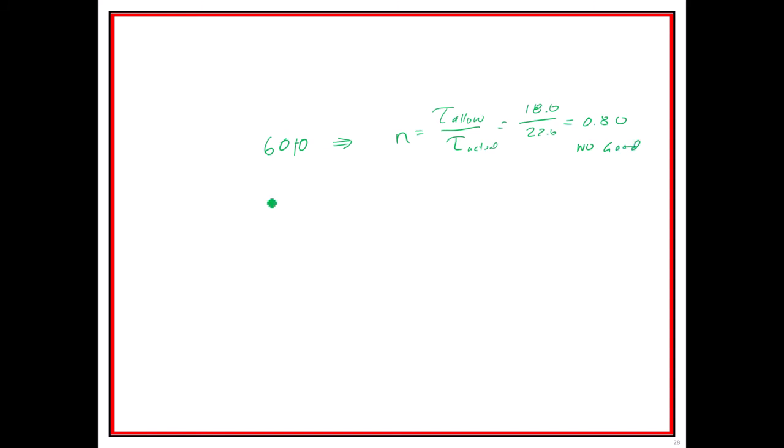And then if we did 70-18, we're obviously, it's going to be more here. No, not necessarily, yeah. The tau allow, I don't need to write this actually, okay, is going to be 21 divided by 22.6 and also 0.93, and that's no good. So for this, we would want to use an 80 series.